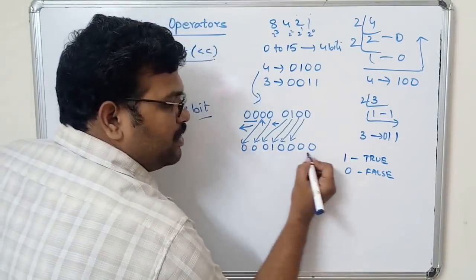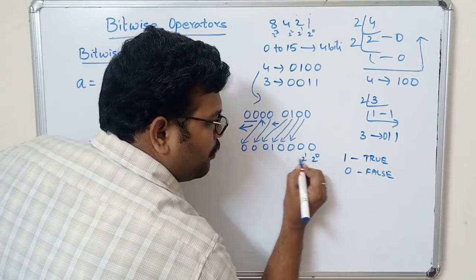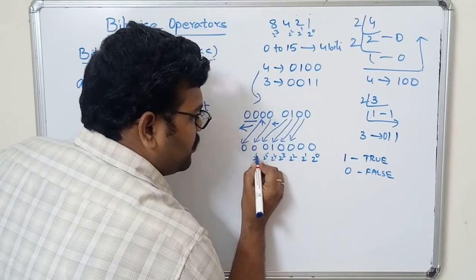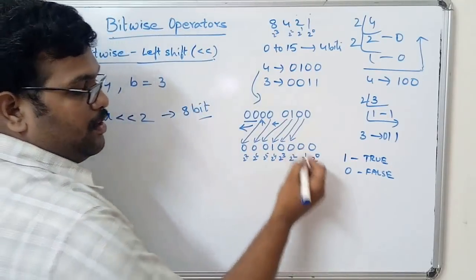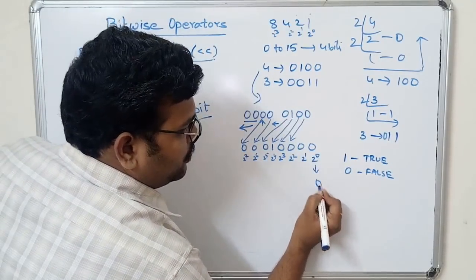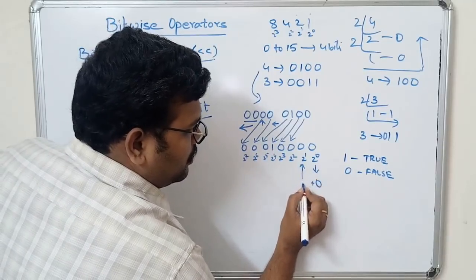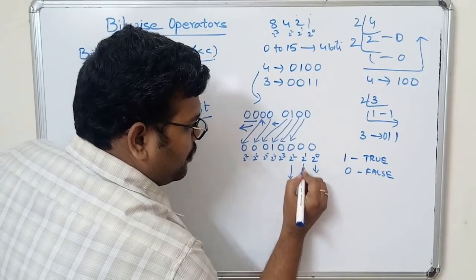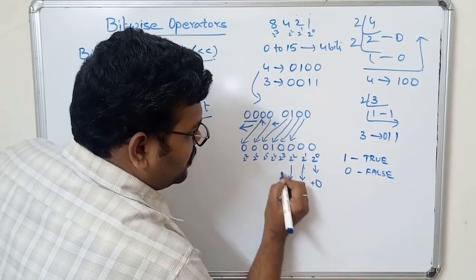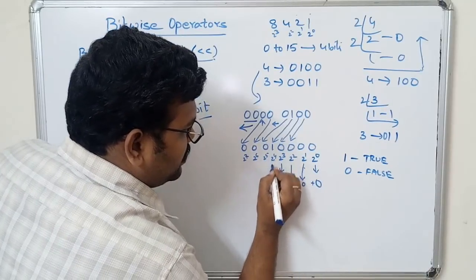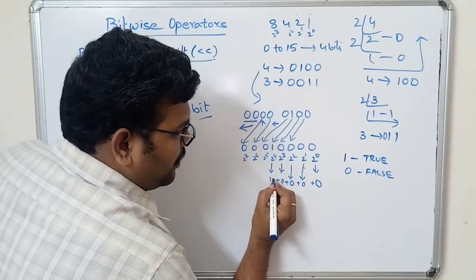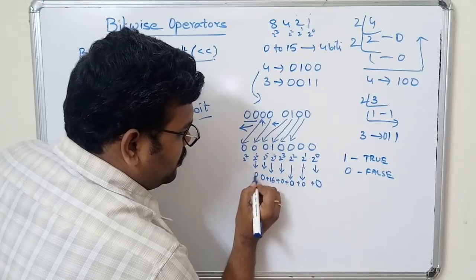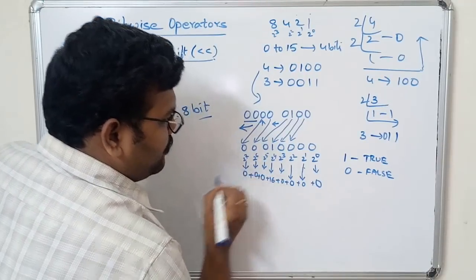Now convert it into decimal. That means 2 power 0, 2 power 1, 2 power 2, 2 power 3, 2 power 4, 2 power 5, 2 power 6, 2 power 7. So 0 plus 0 plus 0 plus 0 plus 2 power 4, which is 16, plus 0 plus 0 plus 0.